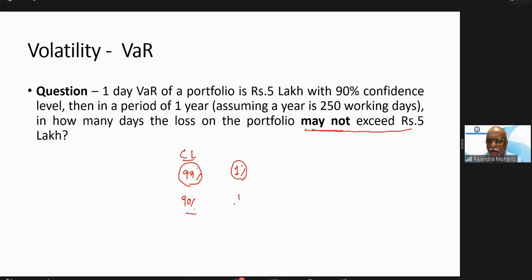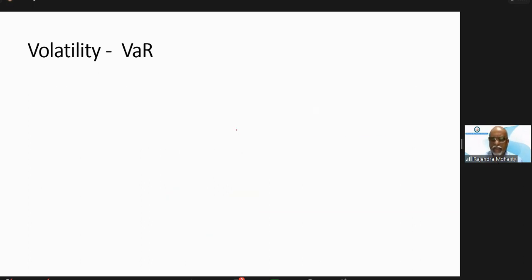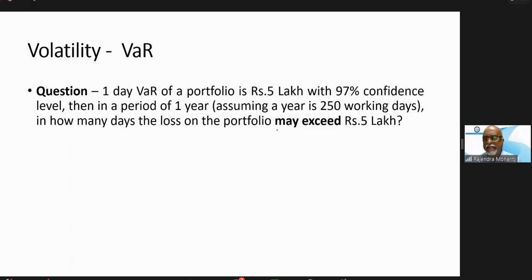Here the question is, at a 90% confidence level, how many days are we not going to exceed 5 lakh? That means 90%. So 90% of 250 is 225.